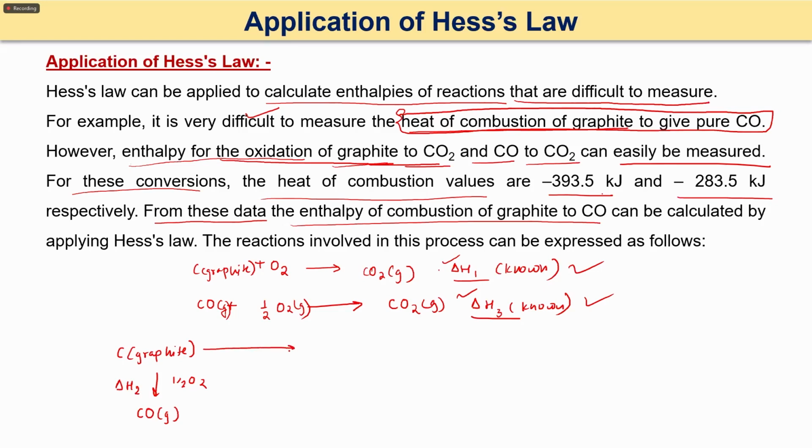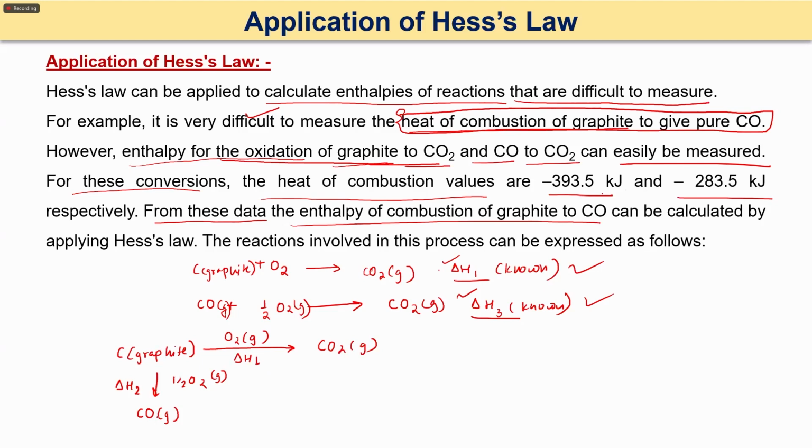Now, if this carbon in its graphite form reacts with oxygen gas, then it will form CO2 gas, and let us say the enthalpy for this reaction is delta H1.